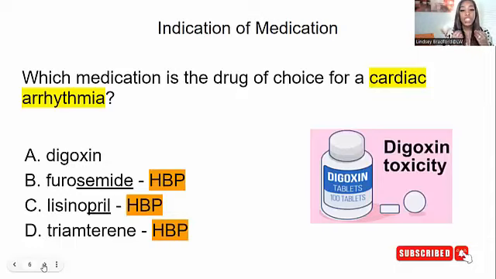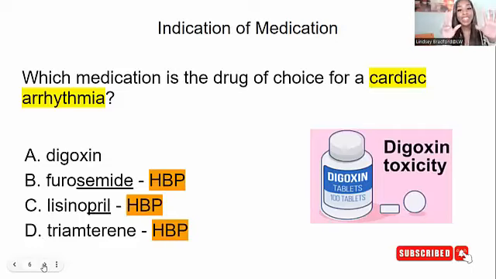Digoxin, write this down, is a medication that is used to treat cardiac arrhythmia. The rest of the multiple choice answers are used to treat high blood pressure: furosemide, lisinopril, and the last one, okay?